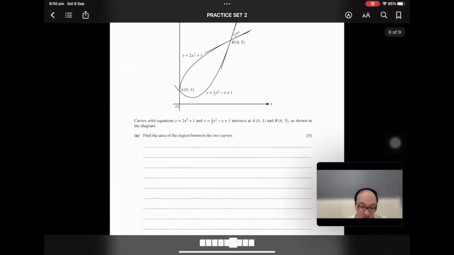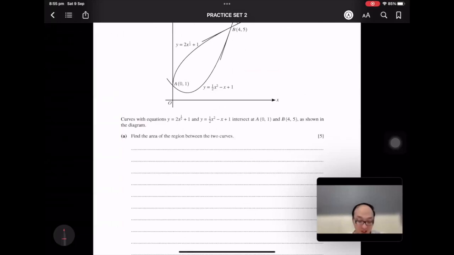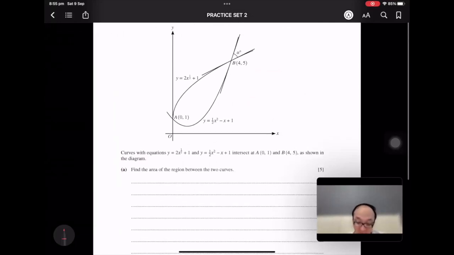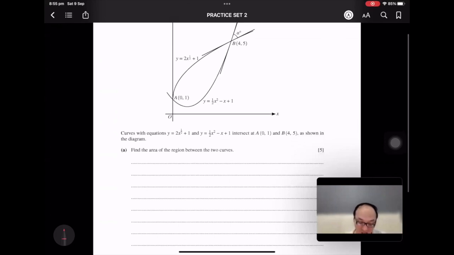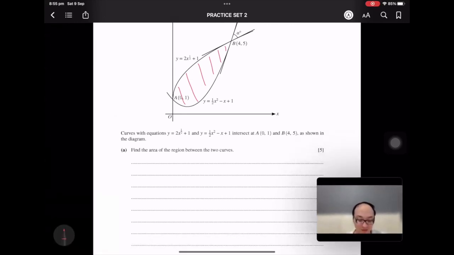Number 5. Curves with equation intersect at A, B, as shown in the diagram. Find the area of the region between the two curves. So that means we will find this area. So we can find using the integration, area is integral from the intersection point 0 until 4.